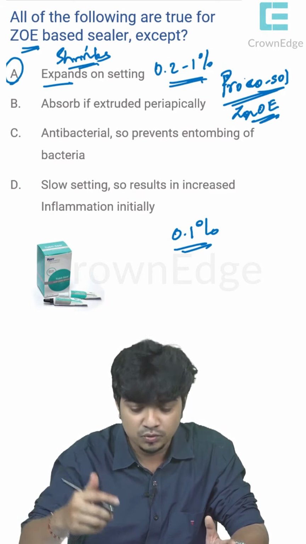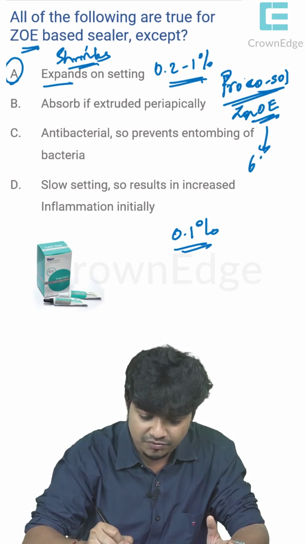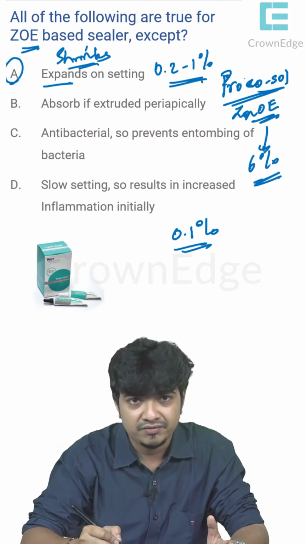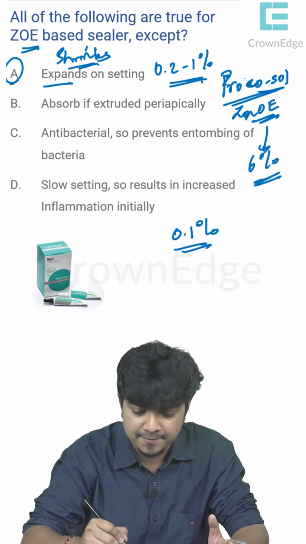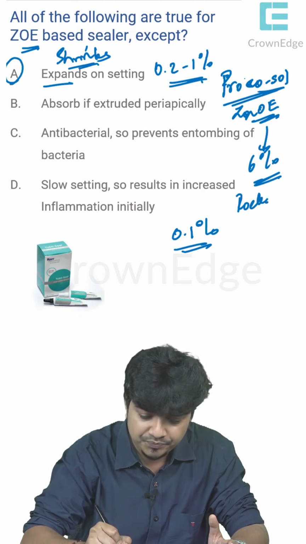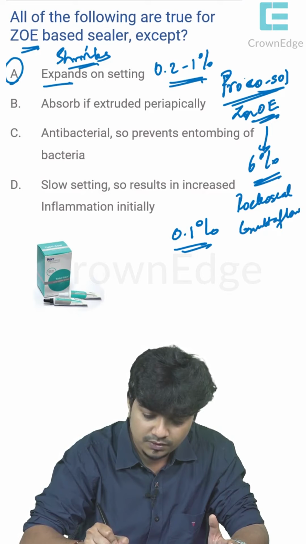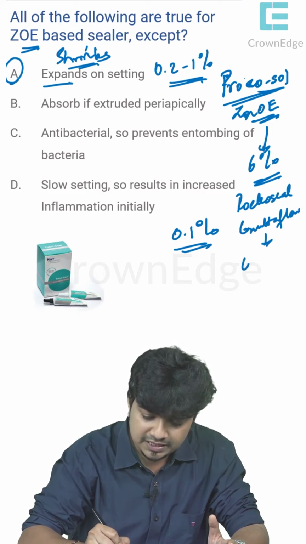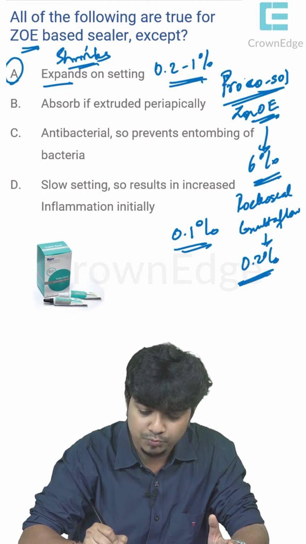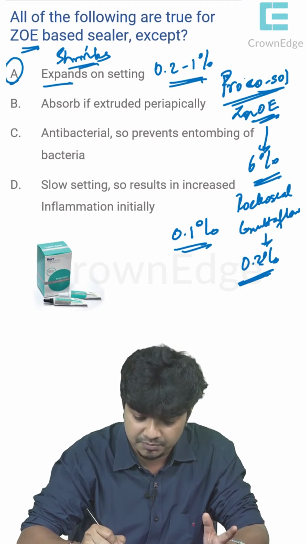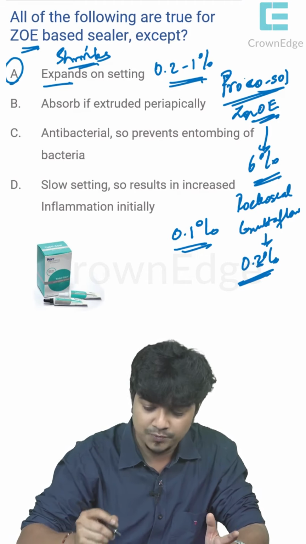Both of these have shown expansion of almost 6%, which is again slightly on the higher side. There's Roeko-Seal or GuttaFlow, which shows expansion of approximately 0.2%, and it's very dimensionally stable. We'll be discussing that also.